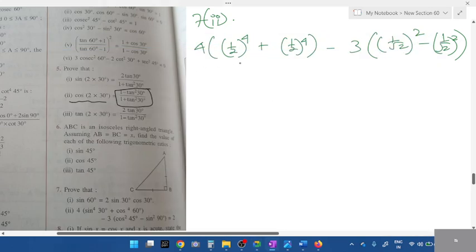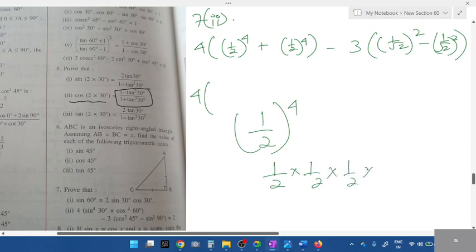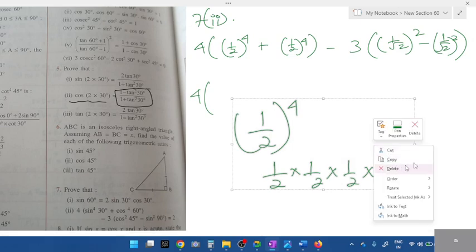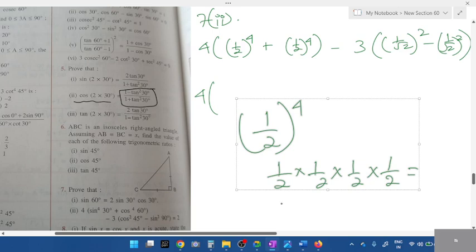So 4, substitute the value, students. What is 1 by 2 to the power of 4? How many times 1 by 2 should get multiplied, students? The power is 4. How many times it gets multiplied? 4 times. So what's the answer when you multiply 4 times? Yes, respond both of you.